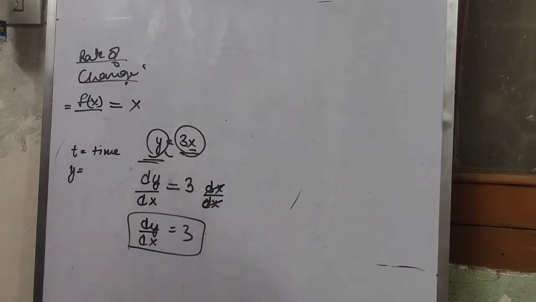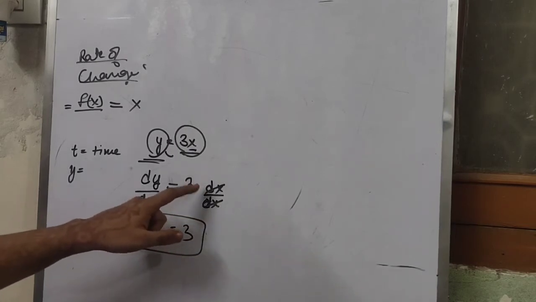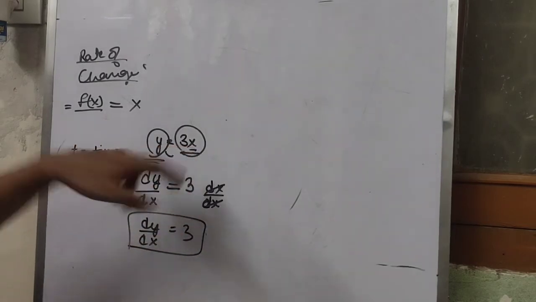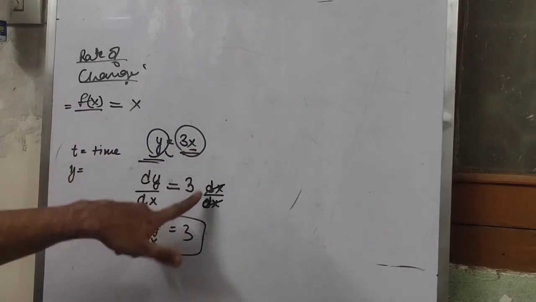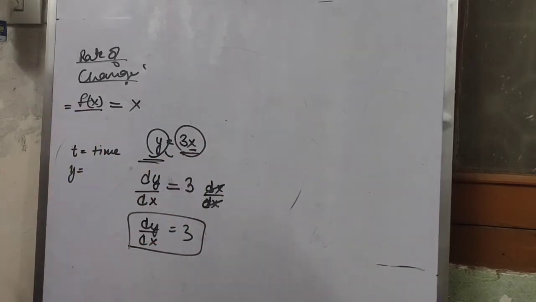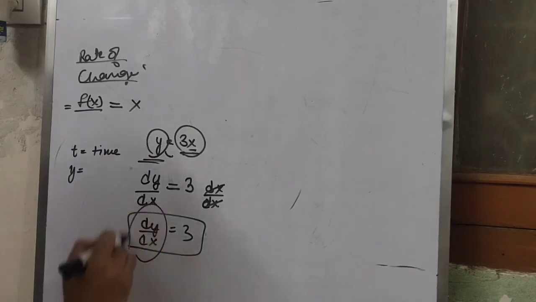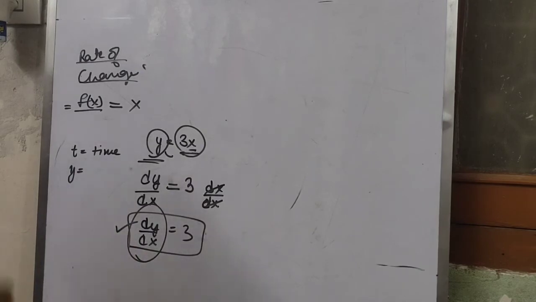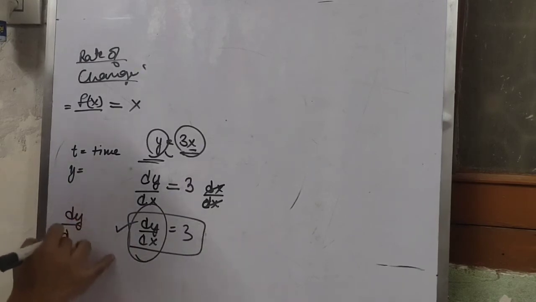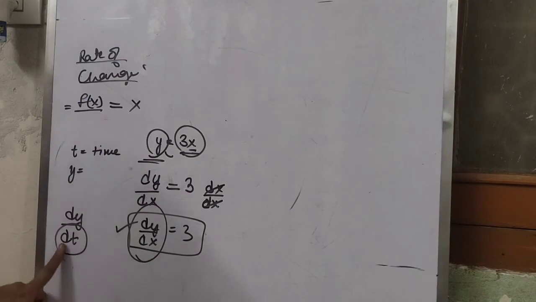As you have done in the previous chapter of continuity and differentiation, I need not explain why we have taken this value. So this will be my rate of change, that is whenever I am calculating dy by dx or dy by dt, that is differentiation with respect to time, that will be my rate of change.